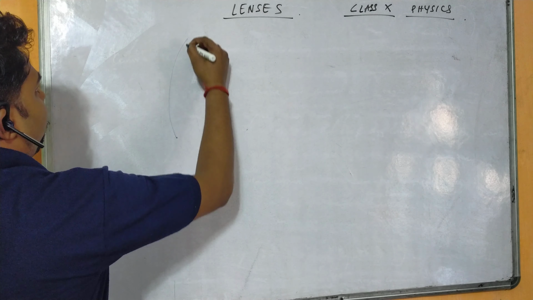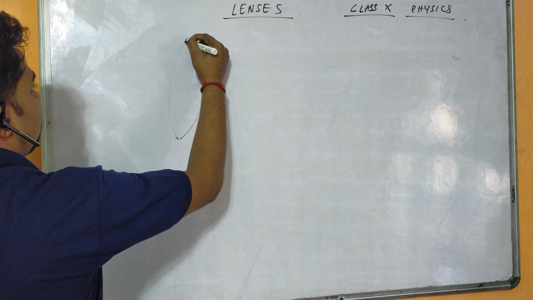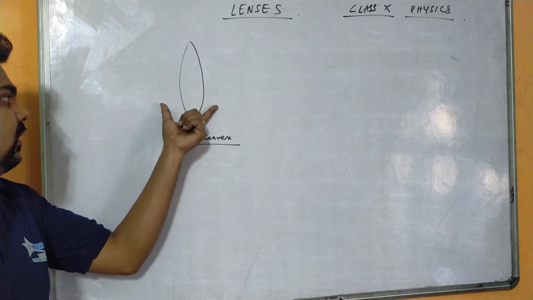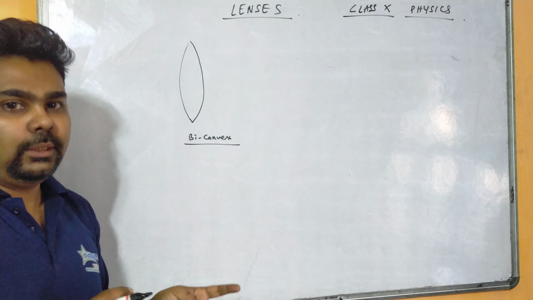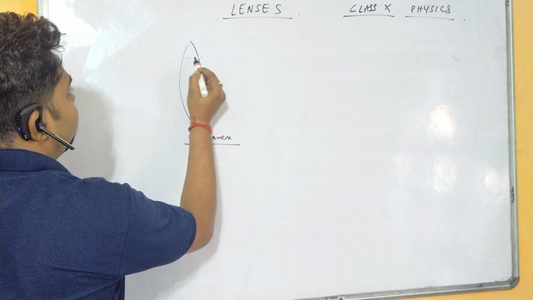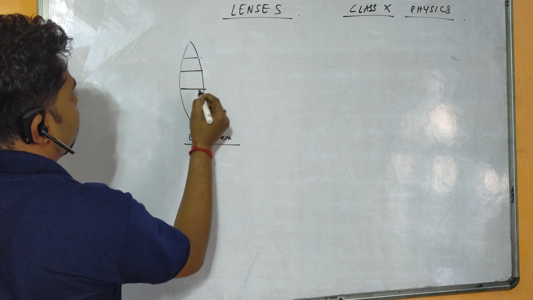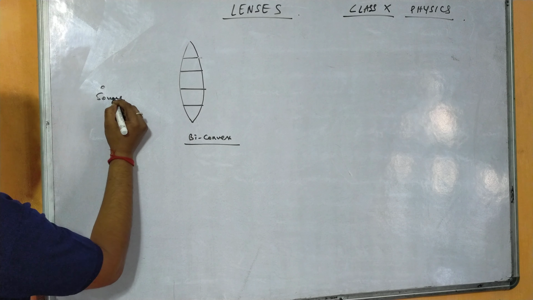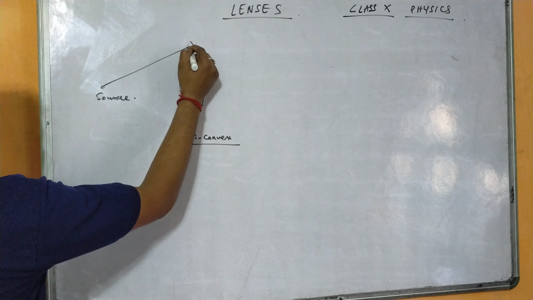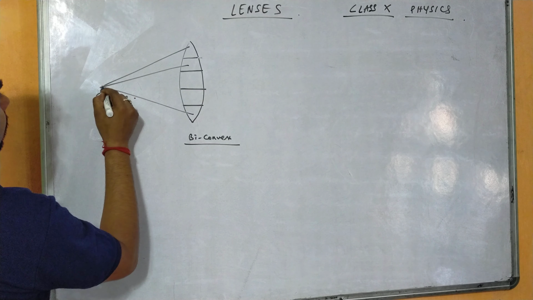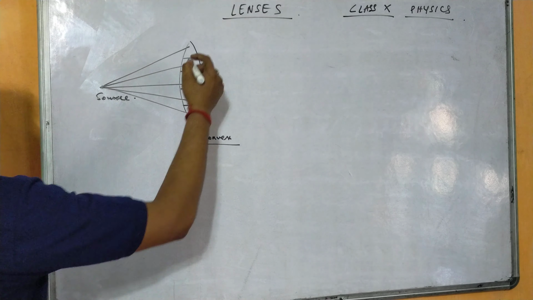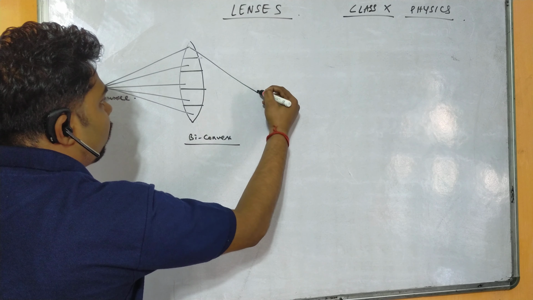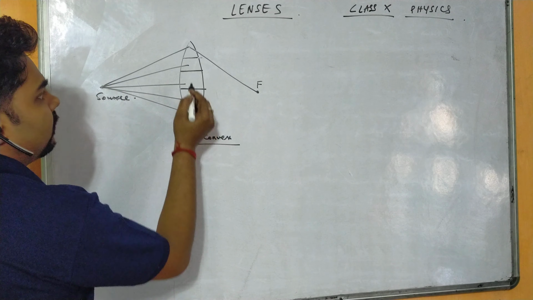So if you take one biconvex lens, and if we imagine it bisected in the form of prisms, and if I place a source here, light will be falling on the lens, and a particular part of this lens will act as a prism and light will get focused at a fixed point called F, that is focus.